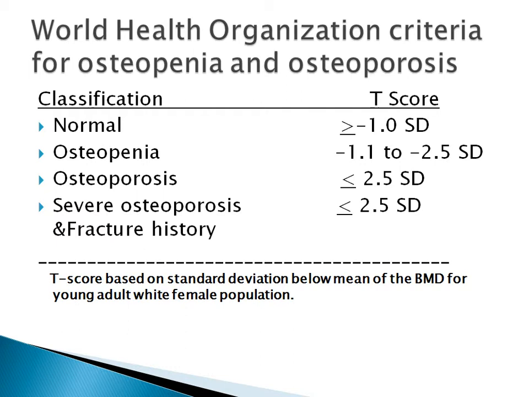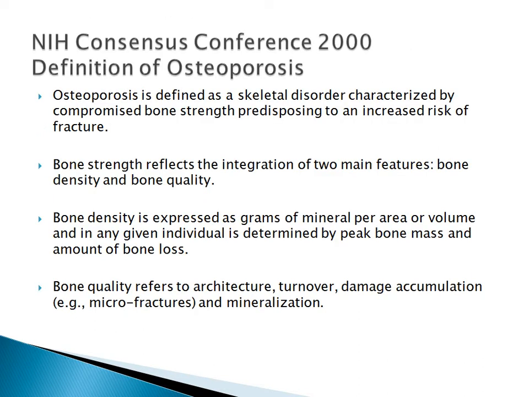But I want to point out that that's not the whole story. The bone mineral density as defined by DXA is very important, but as we'll be talking about in subsequent slides, it's not the whole definition. Now this is the definition of osteoporosis that I think most experts use today. It is the NIH Consensus Conference definition.